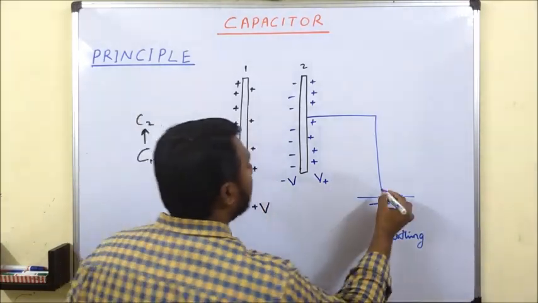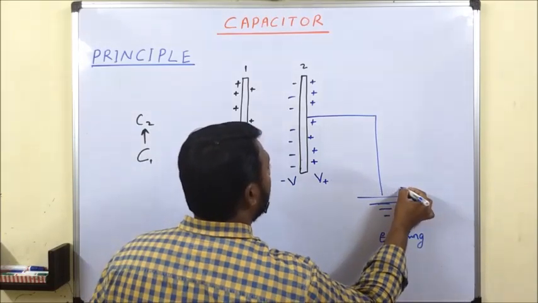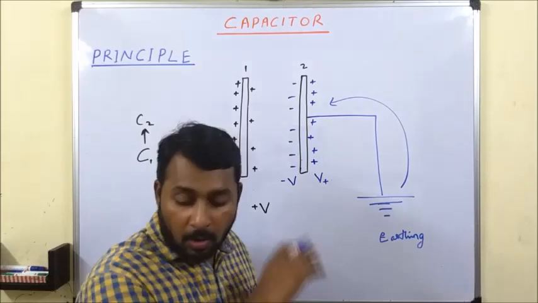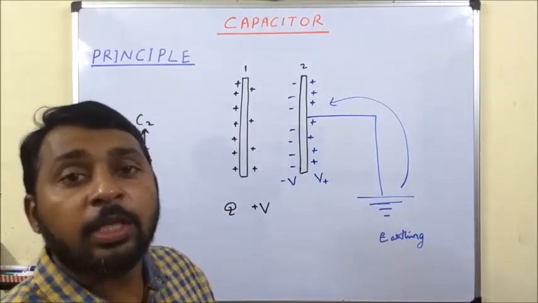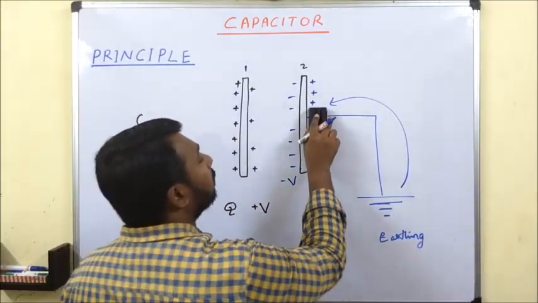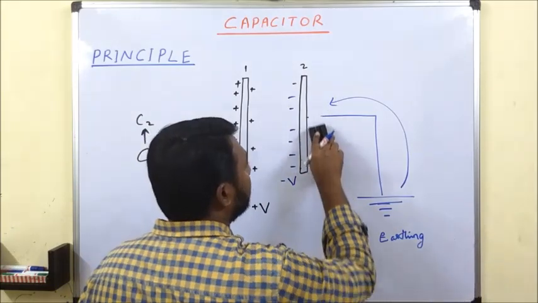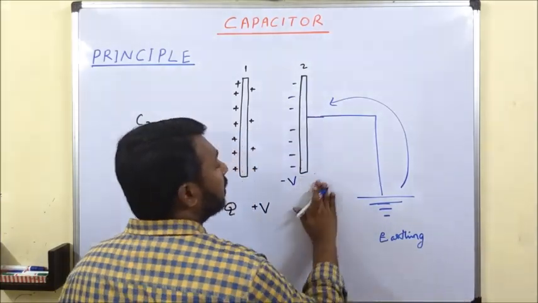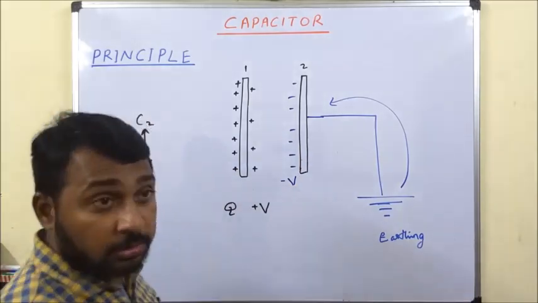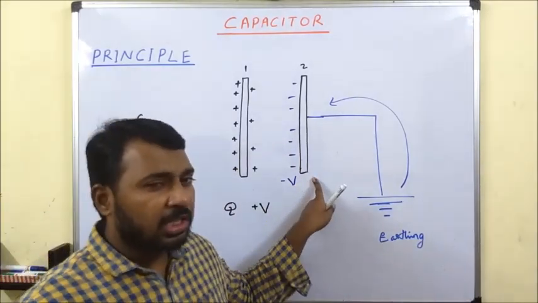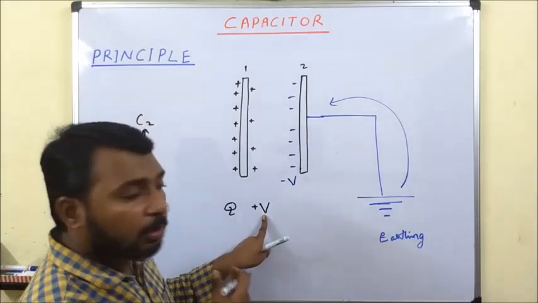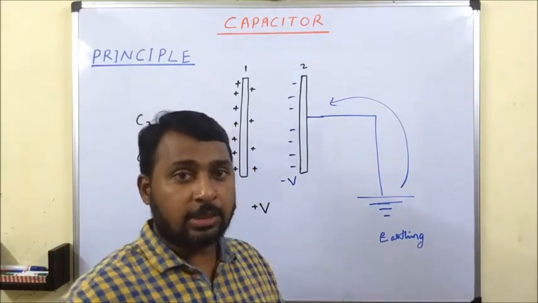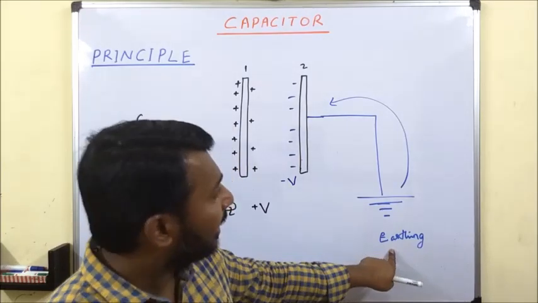The electrons will flow from the Earth to this positive side, and all this positive charge will be neutralized. So no more positive potential. That positive potential had slightly increased this potential, but right now that positive is not there. It is gone due to earthing.